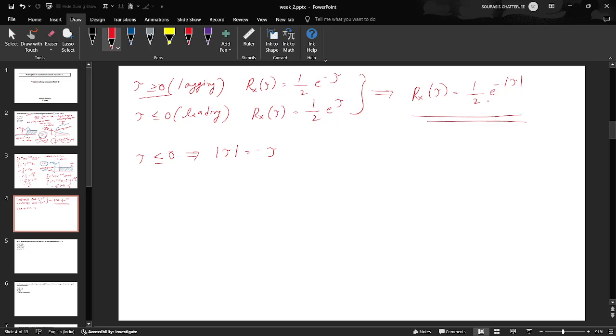So your autocorrelation function has an expression like this, and if you would like to draw that, you will see the decreasing exponential on both sides of the time axis, both positive and negative. At this point it will have a value of 1 over 2, and this is the graph of 1 over 2 e to the power minus absolute value of tau.